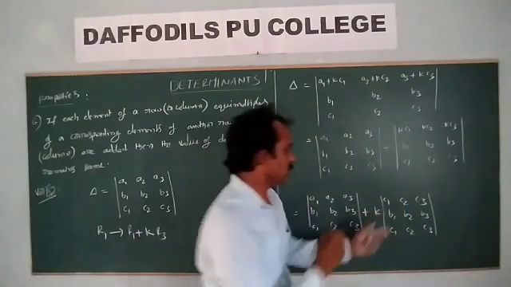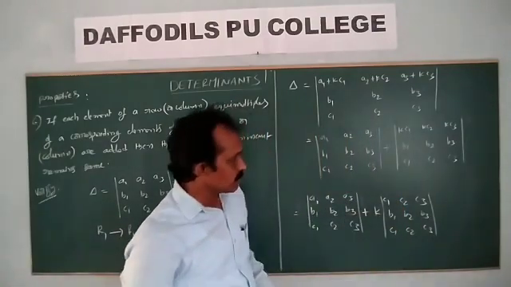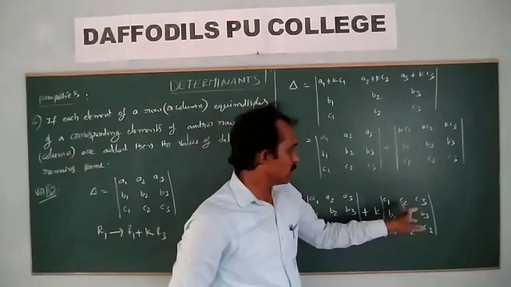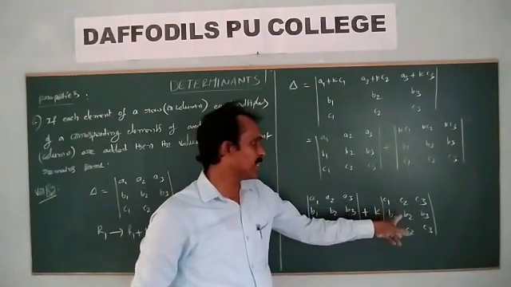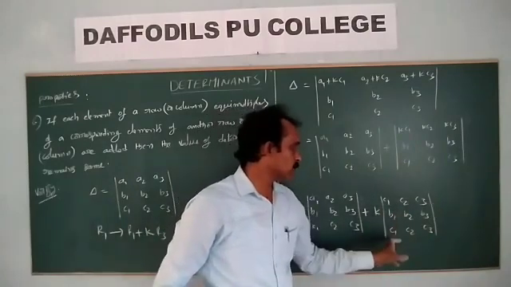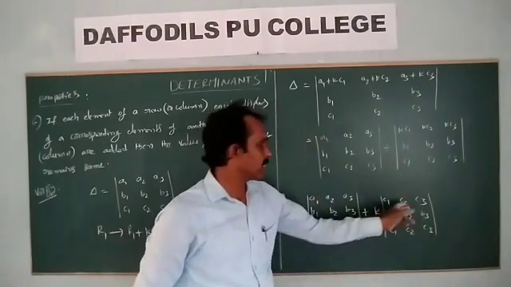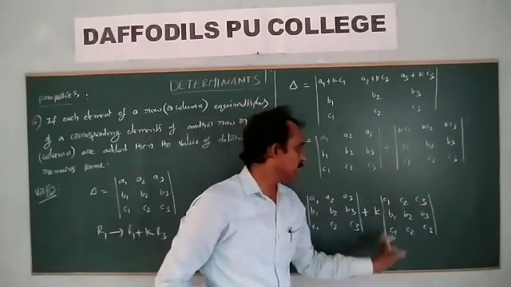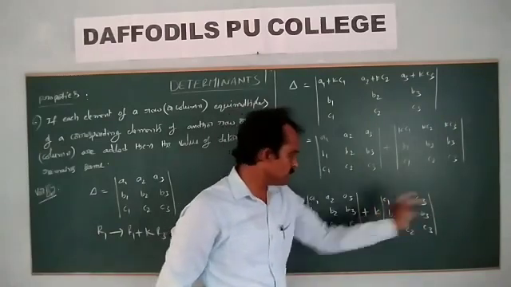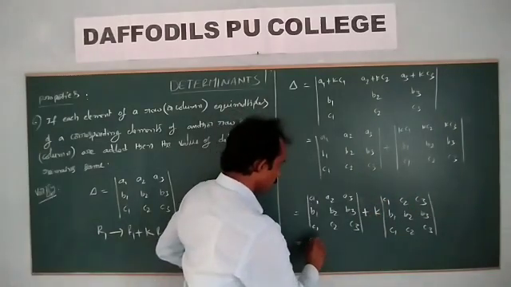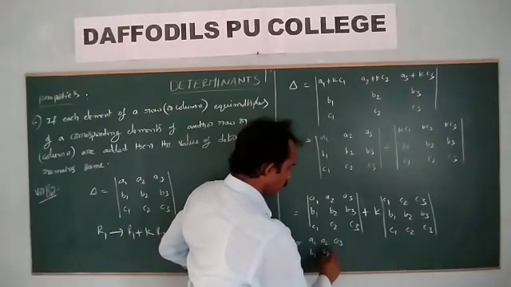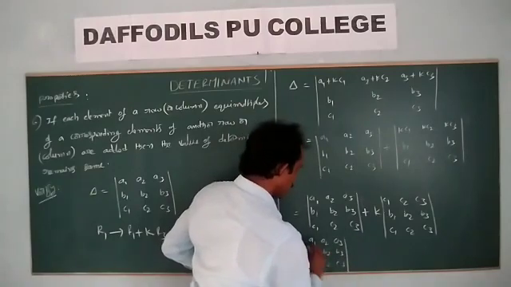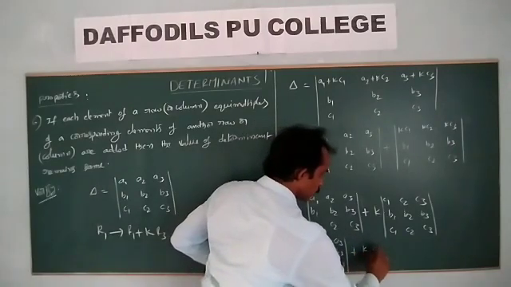What is this value? In this, by the third property, any two rows or two columns are identical. Identical means the corresponding elements are the same. Then the value of the determinant is what? 0. That implies what remains is A1, A2, A3, B1, B2, B3, C1, C2, C3 plus K into 0.